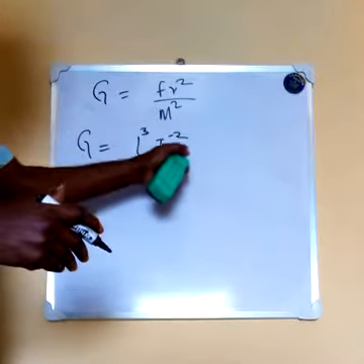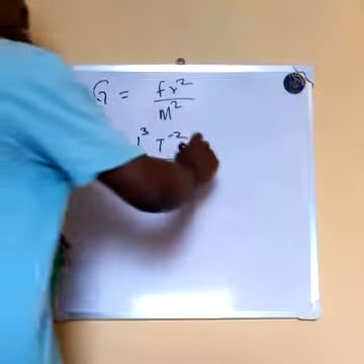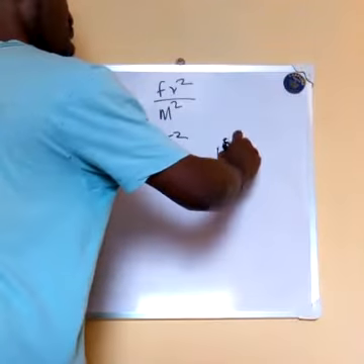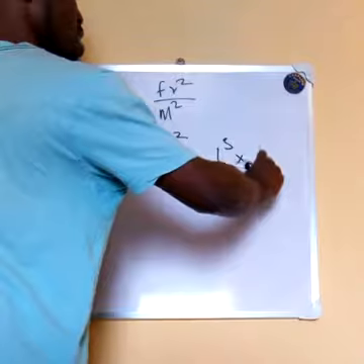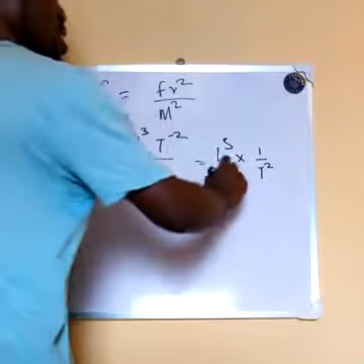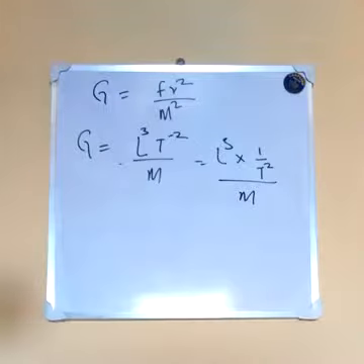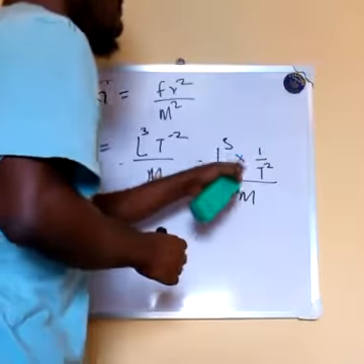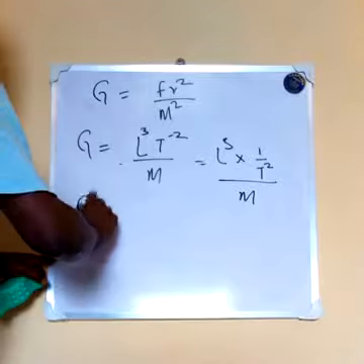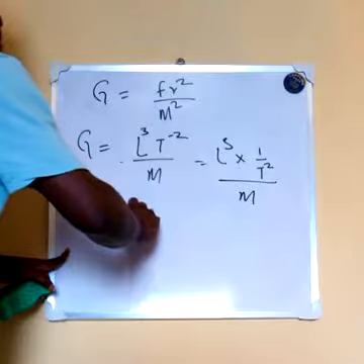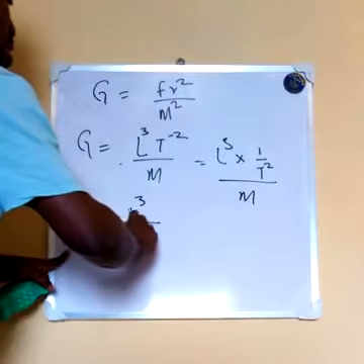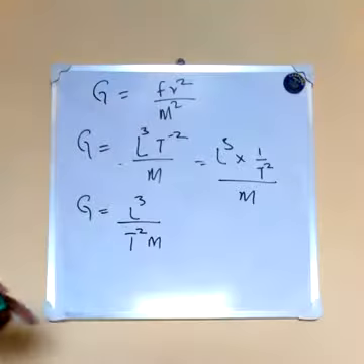This t raised to the power minus 2 is as good as L³ times 1 over t squared. That is it. Then all over M. That's the meaning. So this one now is division. So you can now have it finally to be L³ over t squared then M. So that is it.